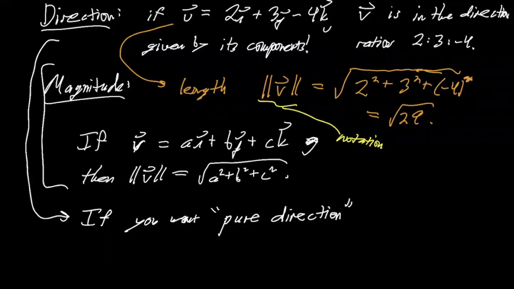Some people call it normalizing: you normalize a quantity by scaling it down to length 1. So if you want pure direction, scale the magnitude down to 1.